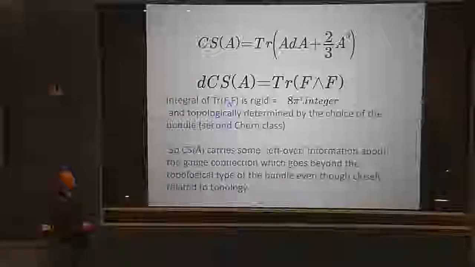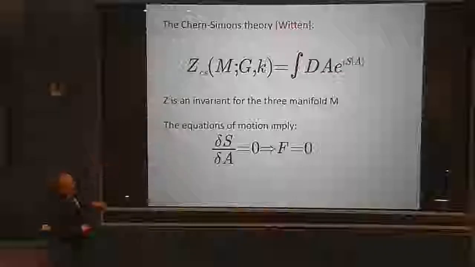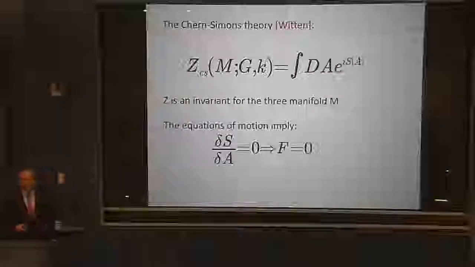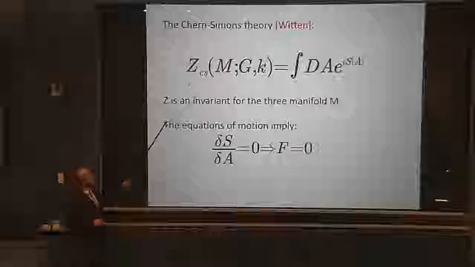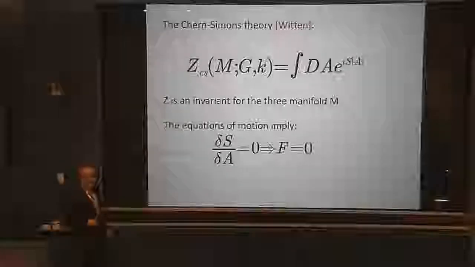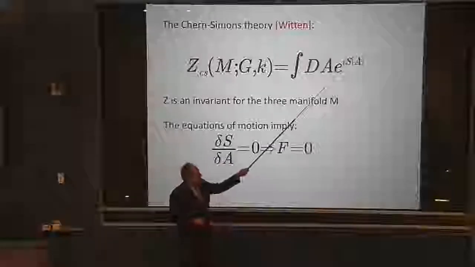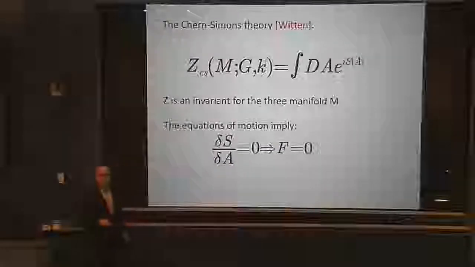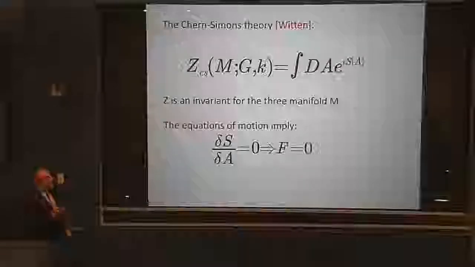So given this, I want to now say how it began to be used very effectively in physics. It starts with the work that Witten did in defining Chern-Simons theory, where you take the same action I talked about, exponentiate it and multiply by i, so that it's now well-defined, because if it shifts by an integer multiple of 2 pi, it doesn't matter.